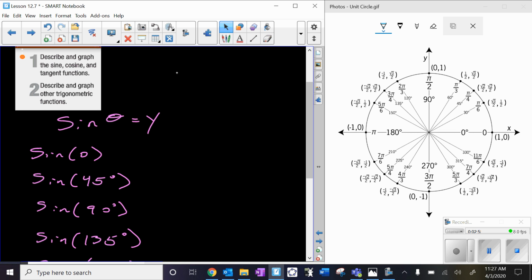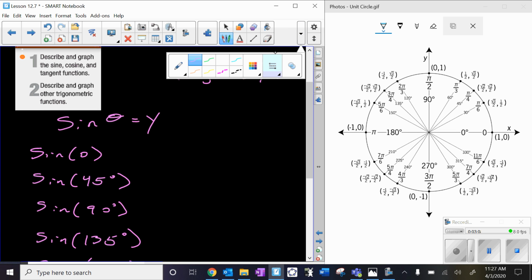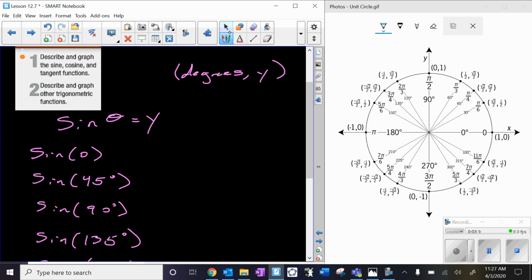In this case, our degrees are going to be considered our x value, and our height is whatever the y value corresponds to, since we say that sine of theta here is the same thing as the y value. Looking at sine of 0 degrees, my y value is 0, so we're at a height of 0.